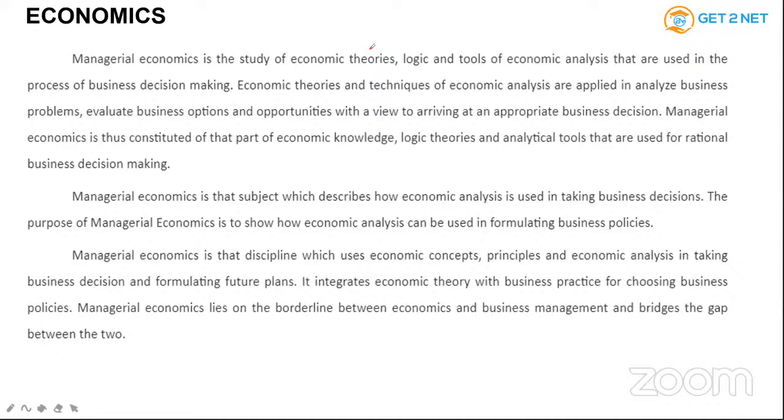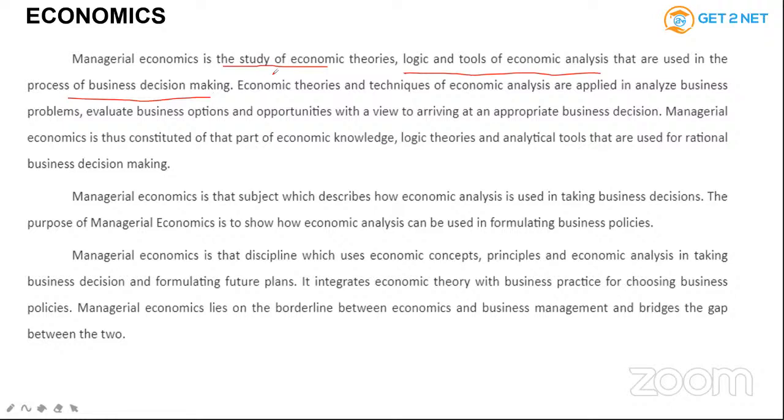So let us discuss something about managerial economics. Okay, so managerial economics means what? It is the study of economic theories. We have many economic theories, logic, and tools of economic analysis that are obviously used in the business decision making process.